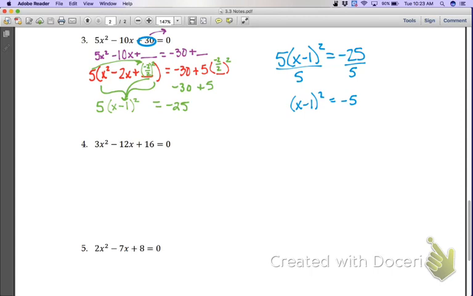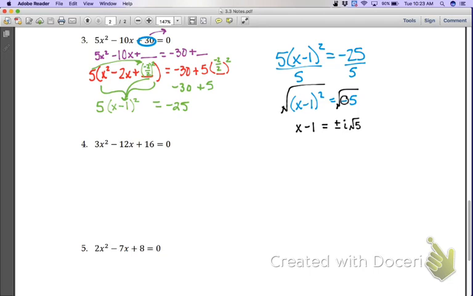Now what? Square root. Now I take the square root of a negative, so I have x minus 1 on the left. What's the square root of negative 5 going to turn into? Plus or minus. What do I need to do if it's negative? I times the square root of 5.